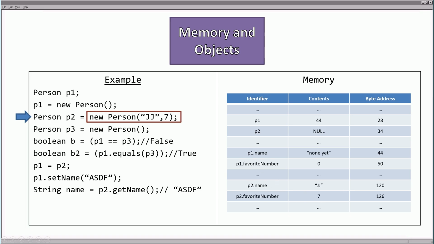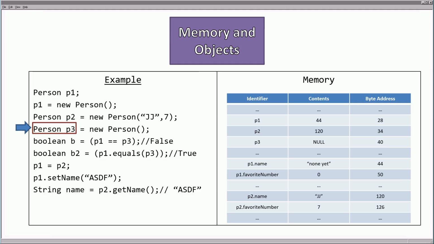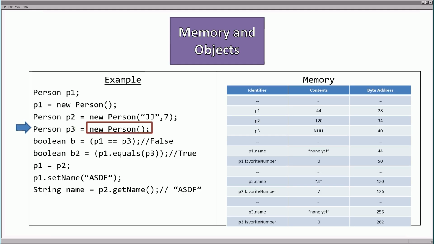Once this is completed, once again, P2 refers to where this object is in memory. And again, we have the reference that is separate from its contents. Now we do the same for person P3, which is going to call the default constructor once again, setting the name to none yet, and the favorite number to 0, and it does the same thing where it basically points to there.